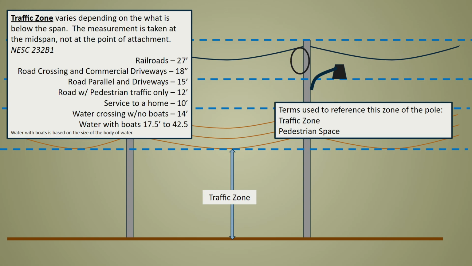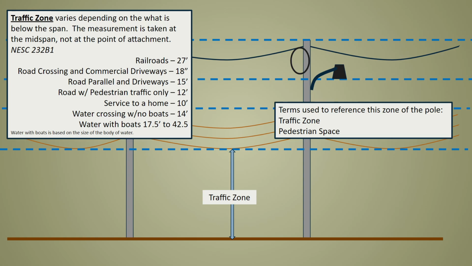Driveways that you would assume you would not see a tractor trailer on, right? Those can be 15. Pedestrian traffic only, so that means if there's only grass under that pole, you can be at 12. Service to a home, so that is the drop cable from the pole to your house. That's the service to the home. The lowest point on that cable can be 10 feet.